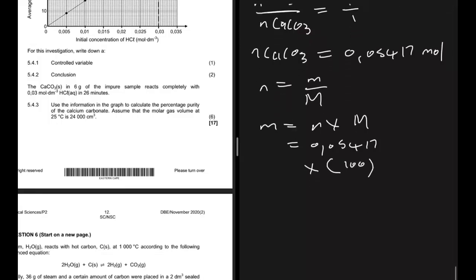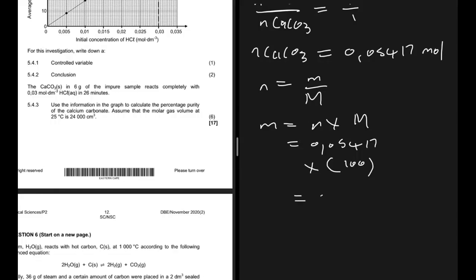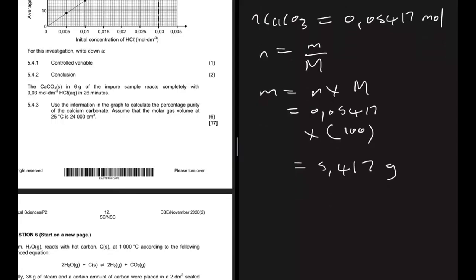You can check it on the periodic table. So let me just put that in the calculator real quick. And then that will be equal to 5.417 grams, right?